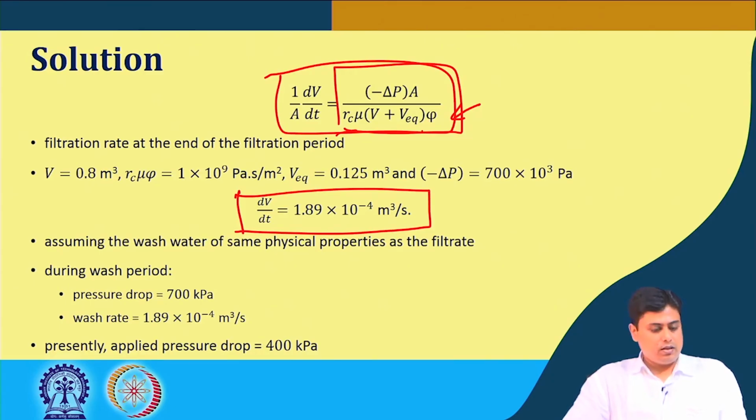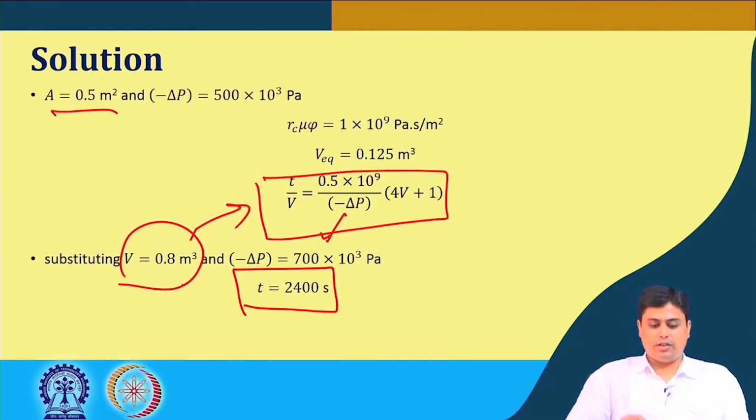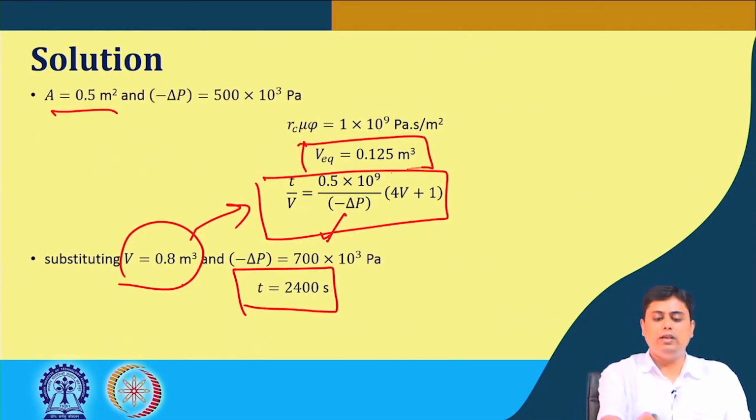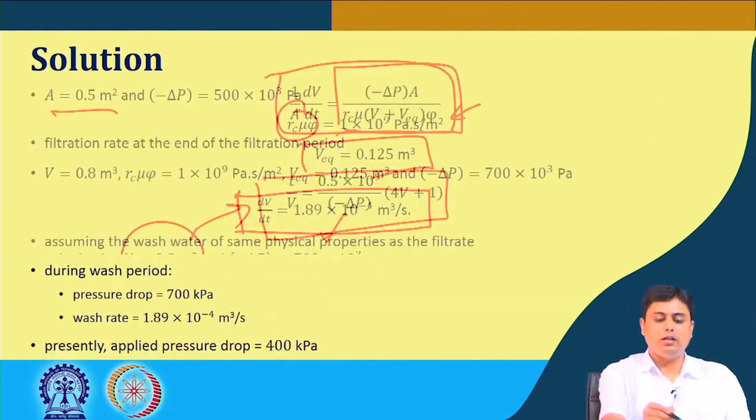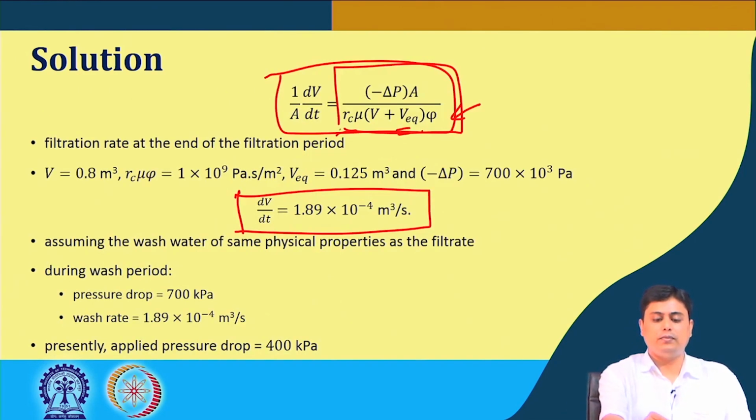We have also found out what VEQ is, which is 0.125. These two parameters are replaced here. So, on the right hand side we know everything, and we find out what dV by dt is.